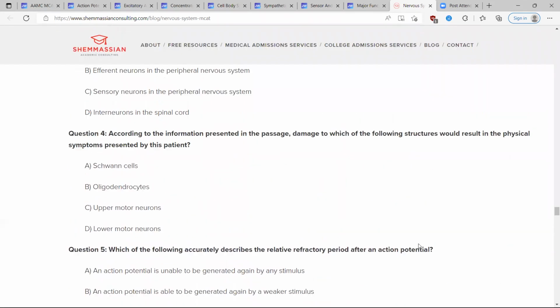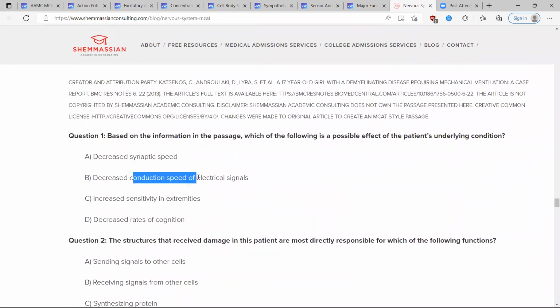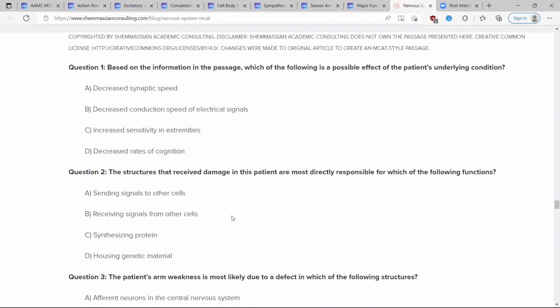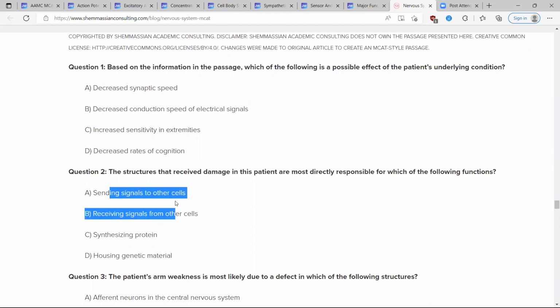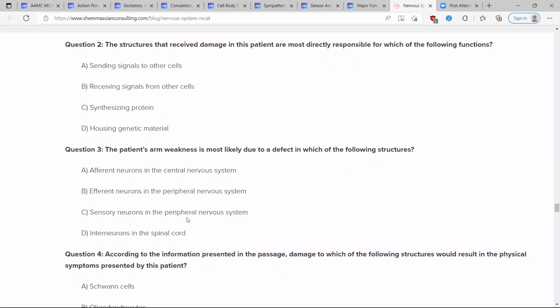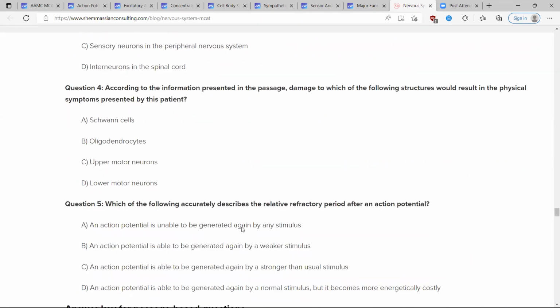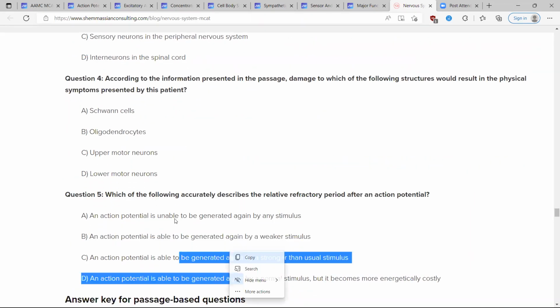Okay, so let's just check our answers. We said it was decreased conduction speed. We said it was sending signals because receiving is dendrites. We said it was efferent neurons. We said it was Schwann cells. And we said stronger than usual stimulus.